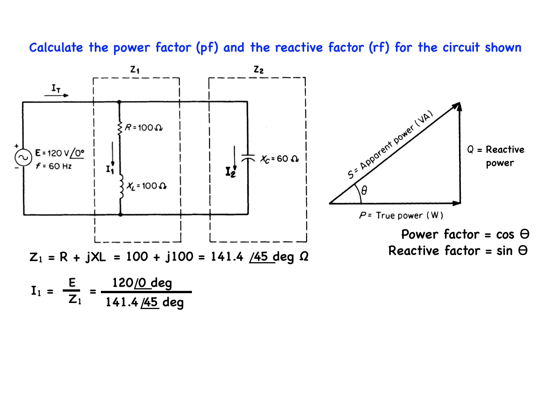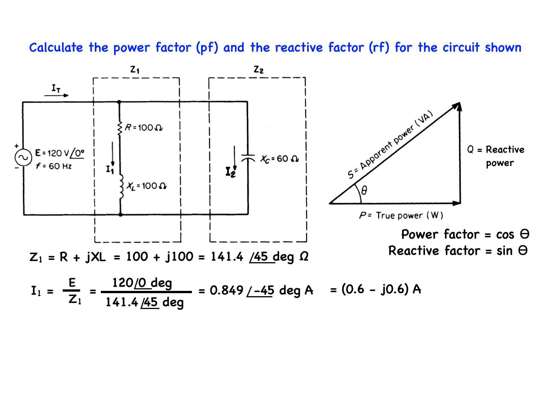And finally, that is equal to 0.849 at minus 45 degrees amps in polar coordinate format, and it is equal to 0.6 minus j0.6 amps in rectangular coordinate format.